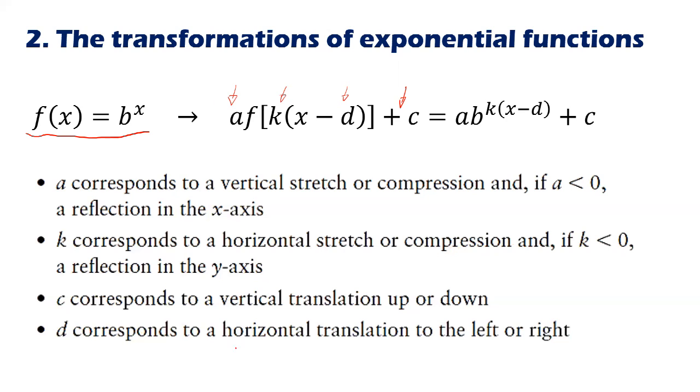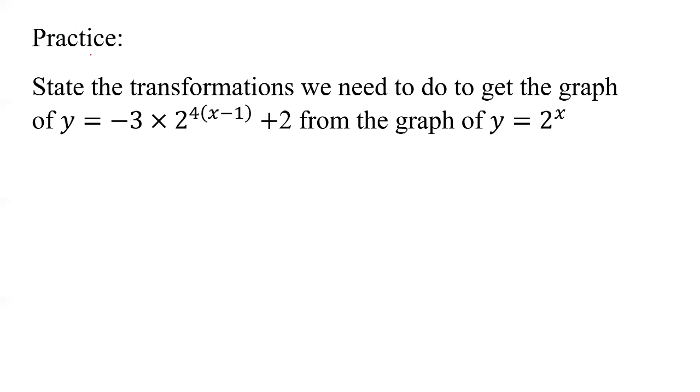And d corresponds to a horizontal translation to the left or right. And remember that we do the translation represented by a and k first, and then followed by c or d, right? Okay, so now let's do a practice here.